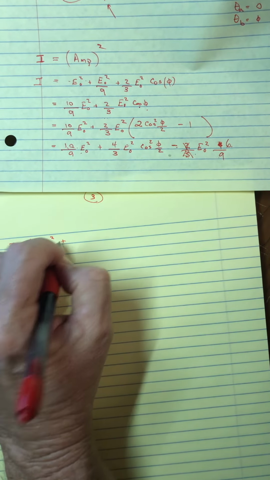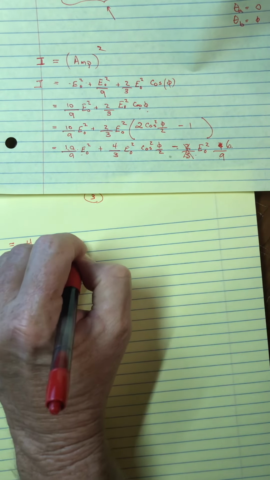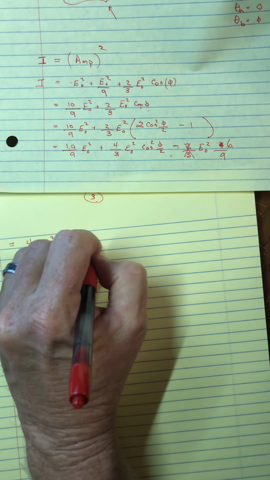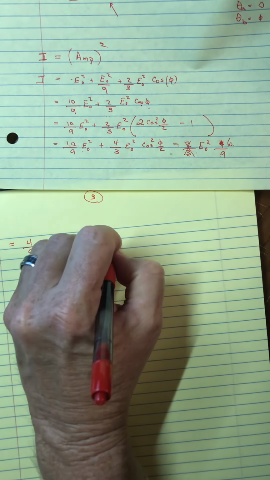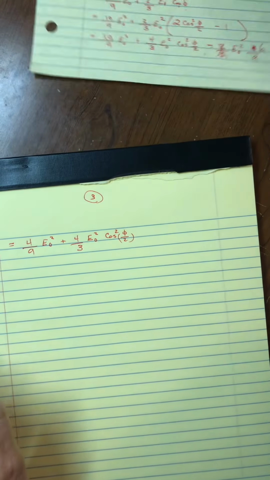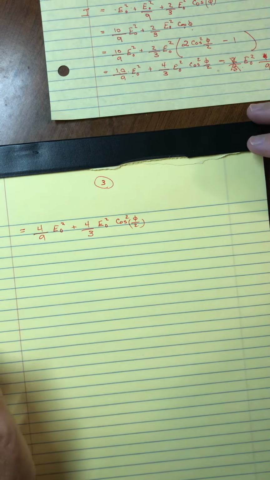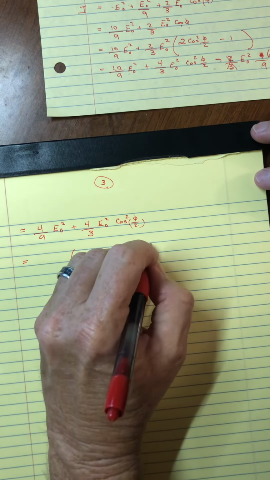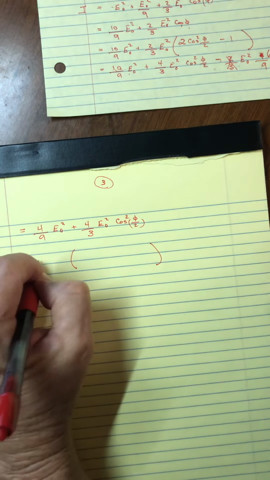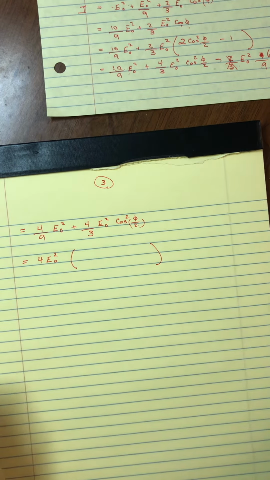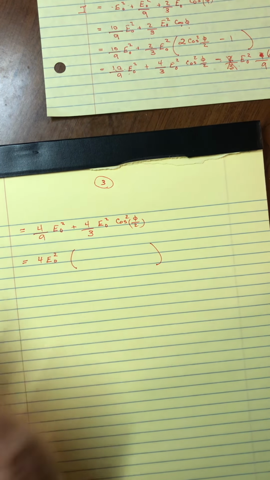And then plus 4 over 3 e naught squared cosine squared phi over 2. And you can kind of see that there's some common factors. For example, each of these have a 4 and an e naught squared.